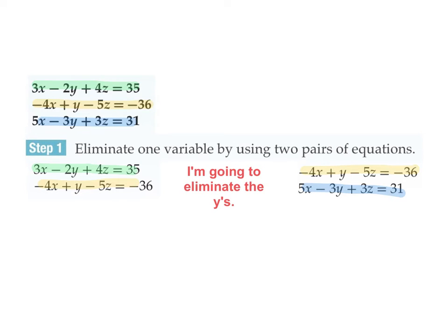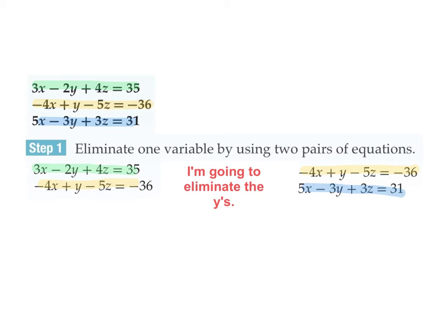I put the green and yellow together, I'm going to eliminate the y's. I put the yellow and blue together, I'm going to eliminate the y's. And some of you guys will like to number your equations instead of color coding, which is fine. And maybe you make this one equation 1, equation 2, equation 3. Some of that kind of stuff that sort of helps you keep organized is going to be important.